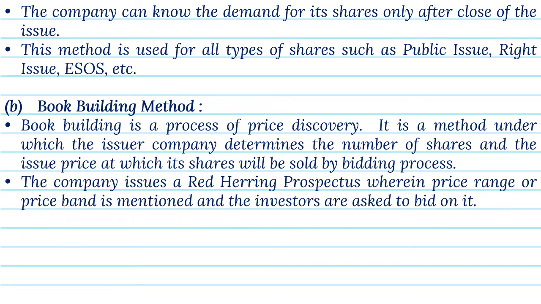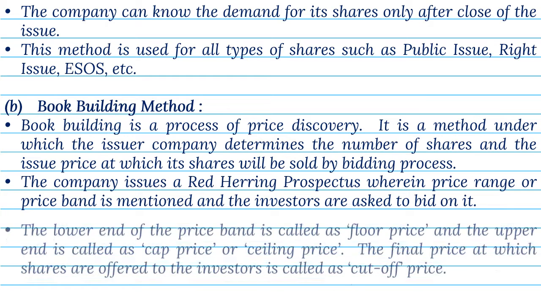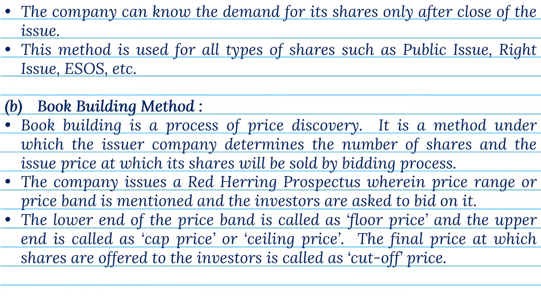The company issues a red herring prospectus wherein price range or price band is mentioned, and the investors are asked to bid on it. The lower end of the price band is called as floor price, and the upper end is called as cap price or ceiling price. The final price, at which shares are offered to the investors, is called as cut-off price.